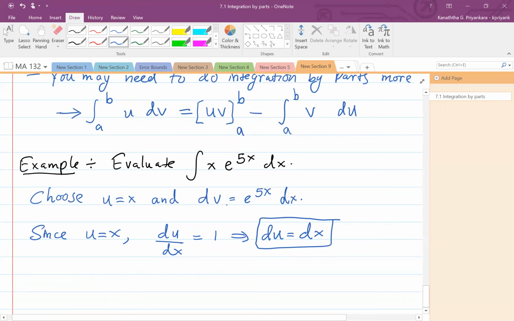So remember, the integral of e to the power 5x is e to the power 5x over 5, and then we have to introduce a constant c at the end.